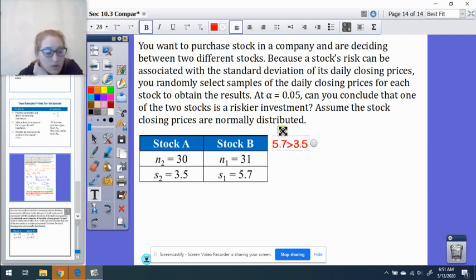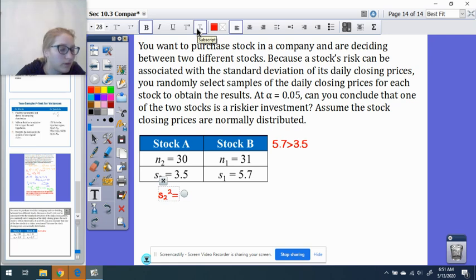Okay, so then the other thing that we're going to find is our variances. So to do that, we're going to square these two values. I'm going to say S2 squared.